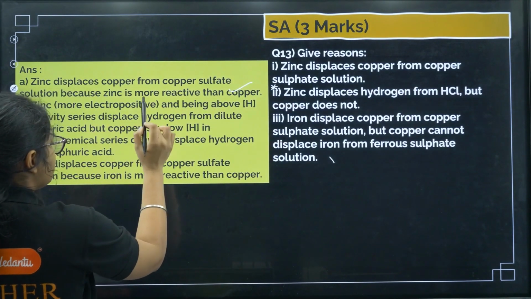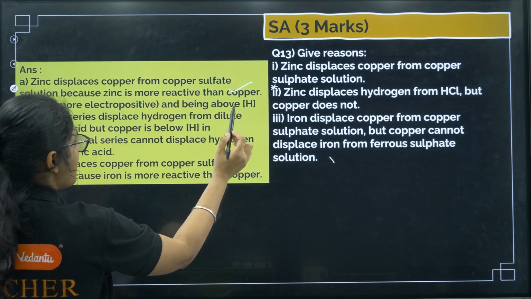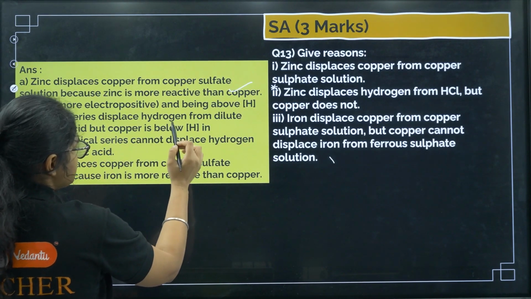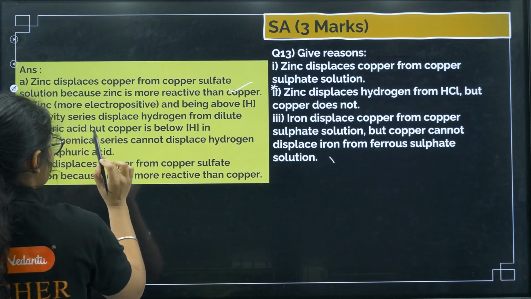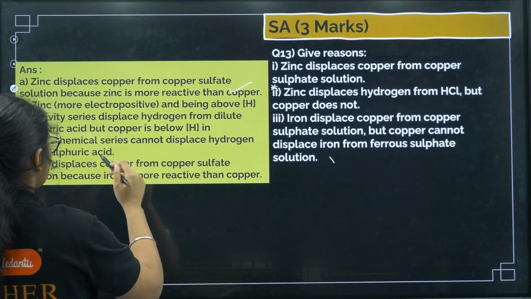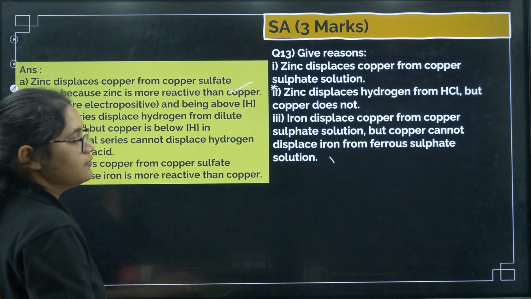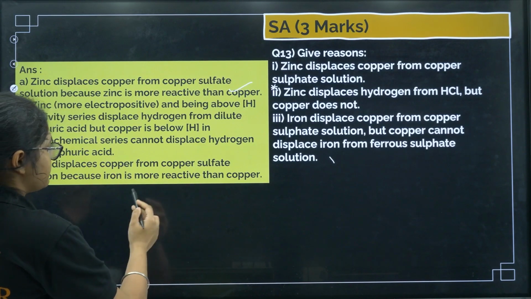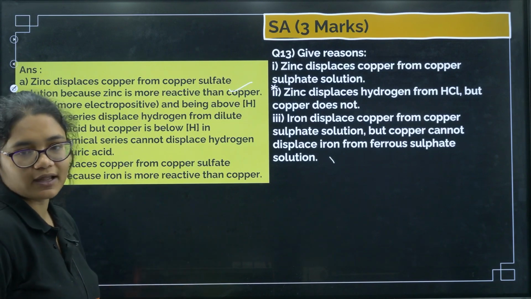Zinc, being more electropositive and being above hydrogen in the activity series, displaces the hydrogen from the dilute sulfuric acid, but copper is below hydrogen in the electrochemical series, hence cannot displace hydrogen from the sulfuric acid. Now next one, iron displaces copper from copper sulfate because iron is more reactive than copper.